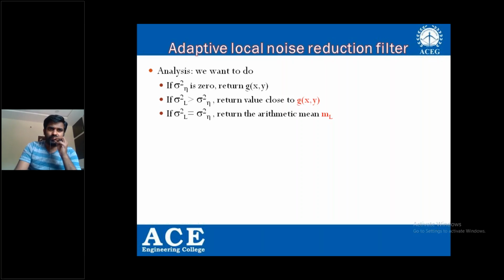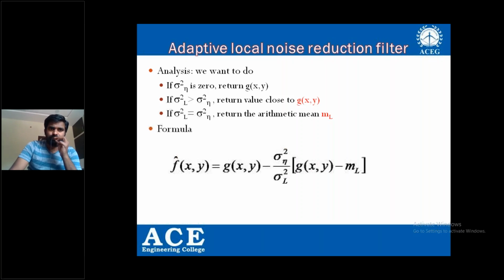And there is an algorithm that we use for implementation of this adaptive local noise reduction filter, right? So the only parameters we need to know are the variance of the noise, the local variance and the local mean. Based on these values, you are going to get the estimation, right?